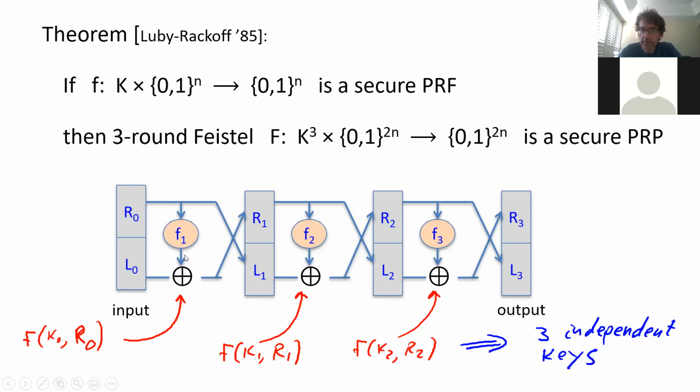Therefore, this wire was the same, right? So perhaps something about this XOR can be correlated between the output and the input. Once you see this correlation, you would be quite impressed that the next round completely eliminates it.